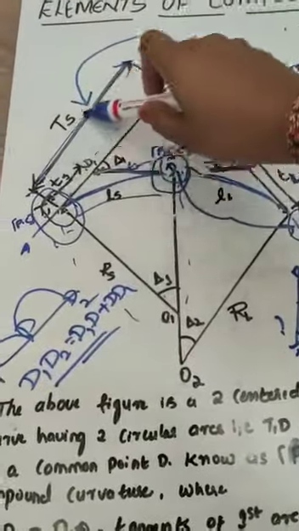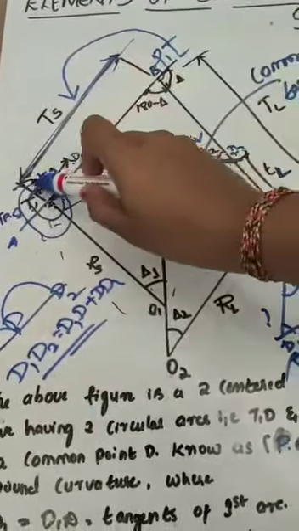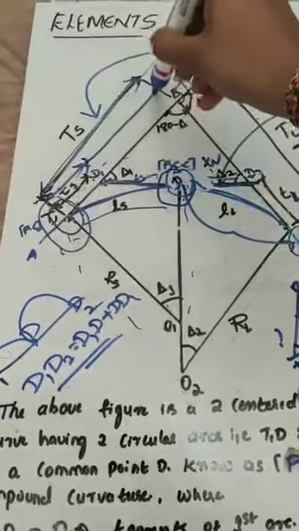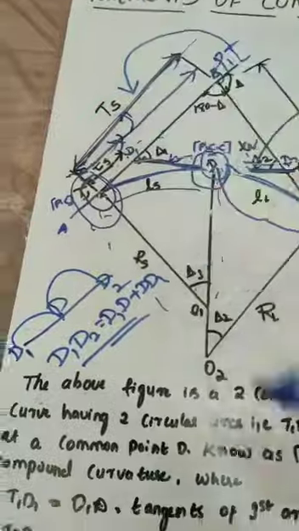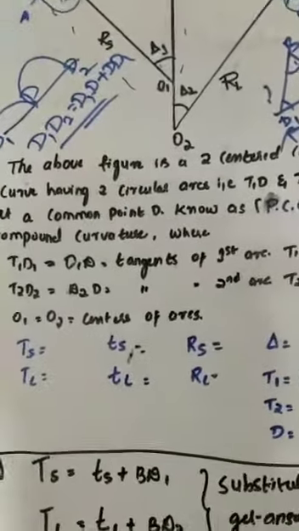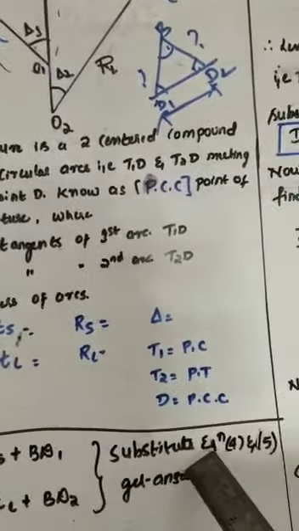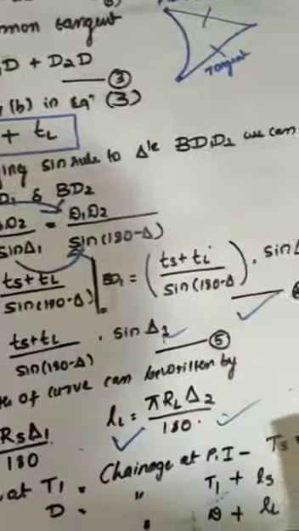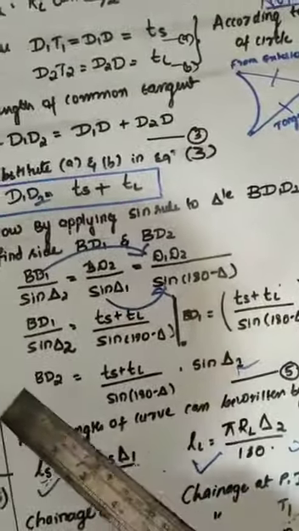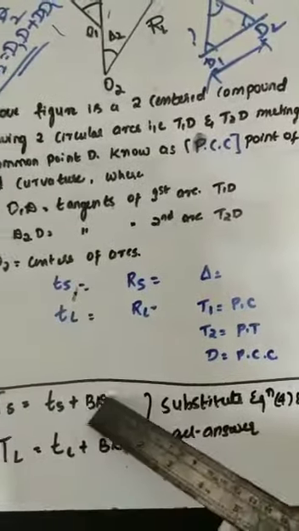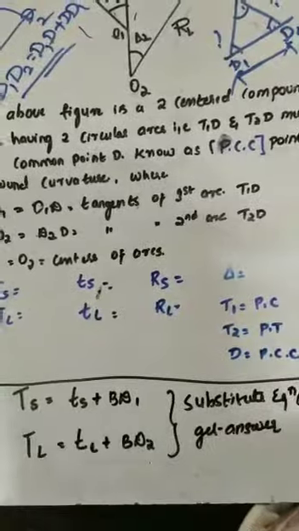When we add these two distances, we will get TS. So capital TS is nothing but small ts plus BD1. So substitute the values of 4 and 5, BD2 and BD1, and finally we will get the values for TS and TL.